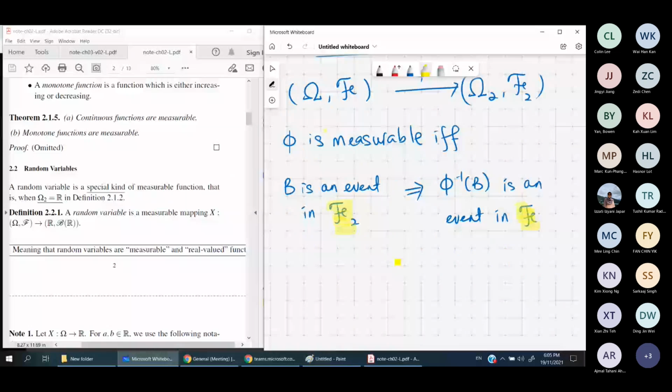So that is number 2. When we take omega 2 to be R, and if we take the sigma field F2 to be the Borel sigma field, then we say that it becomes a random variable.